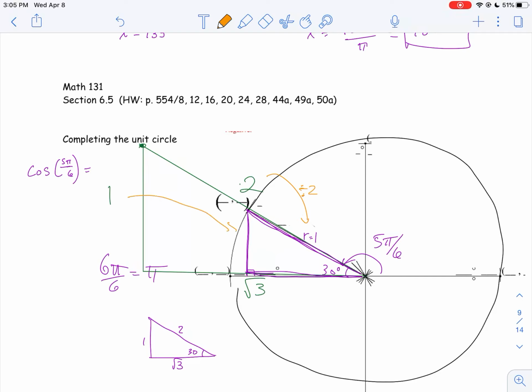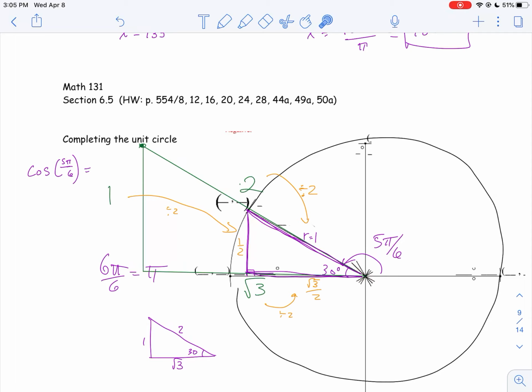If I divide 2 by 2, that gives me 1. So to get from this side to this side, it's going to have to be half as big as well. You could also use a proportion or ratio here. If I take 1 and divide by 2, that gives me 1/2. And if I take the square root of 3 and divide that by 2, that gives me the square root of 3 over 2.